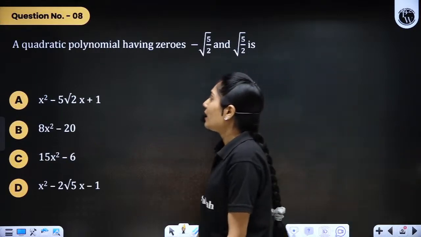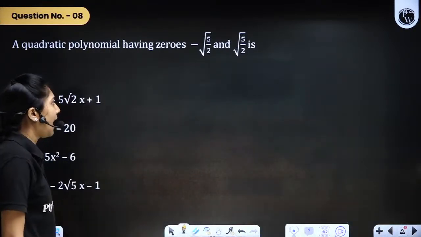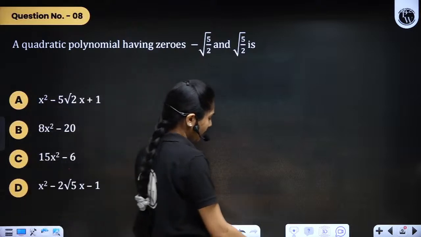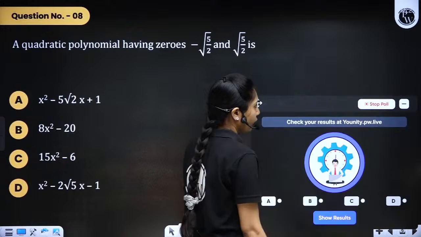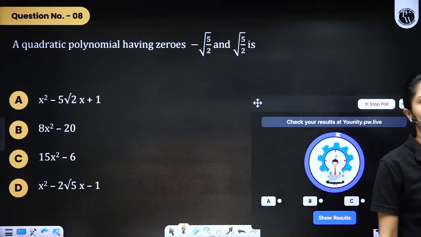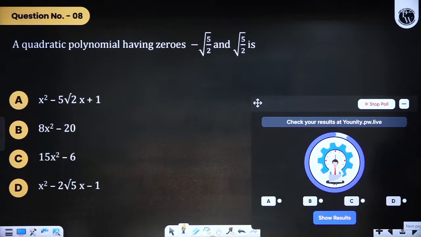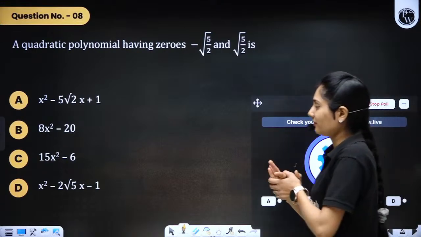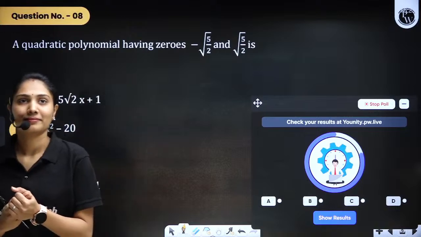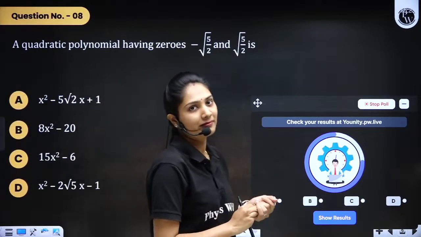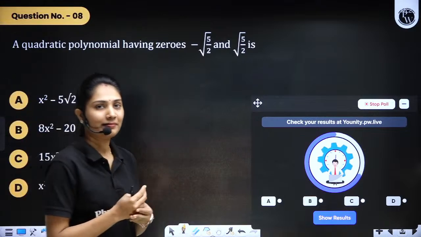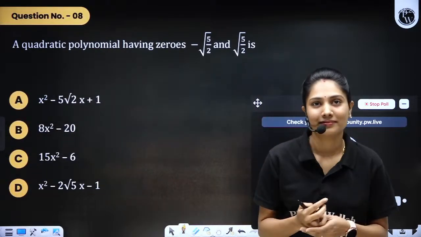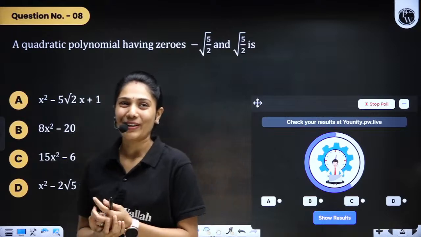Okay. Next one is a quadratic polynomial having zeros is. What should be the quadratic polynomial whose zeros are given to us?